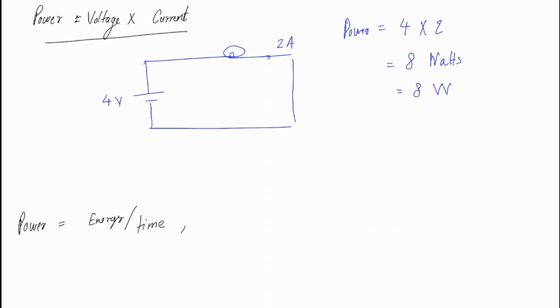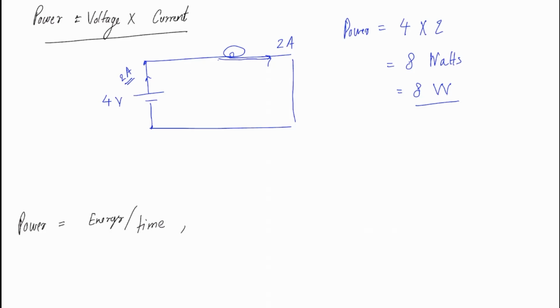As you can see, if you multiply the voltage times the current, you get power. Now, interestingly enough, the 8-watt power is supplied by the battery, because across the battery the voltage difference is 4 volts, and the current going through the battery is also 2 amperes. Also, the power received by the bulb is 8 watts, because through the bulb the current is 2 amperes, and if you measure the voltage difference, it will be 4 volts.